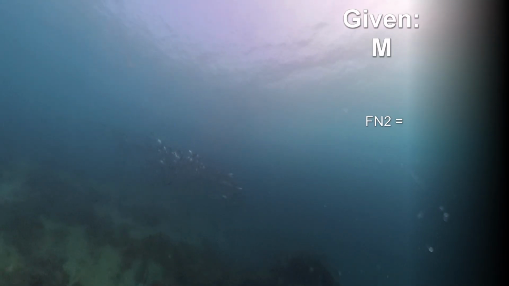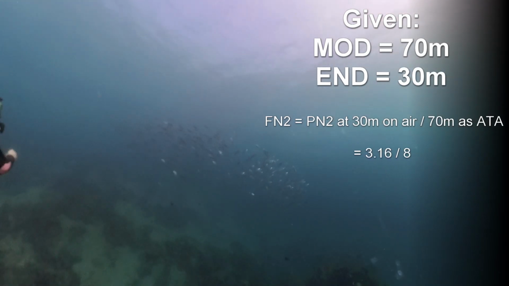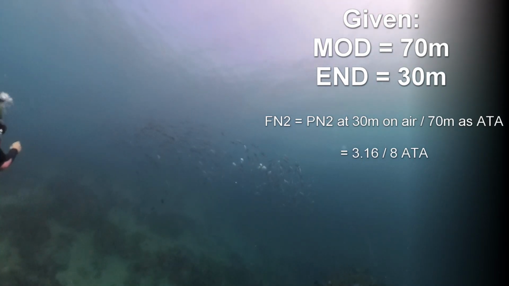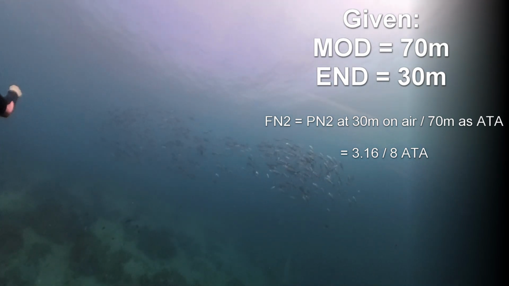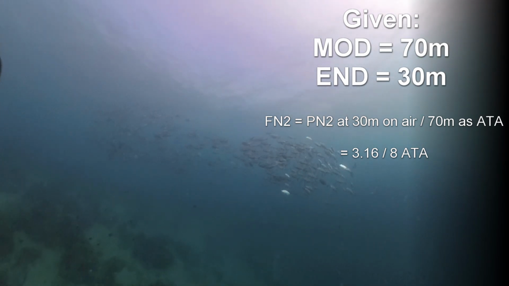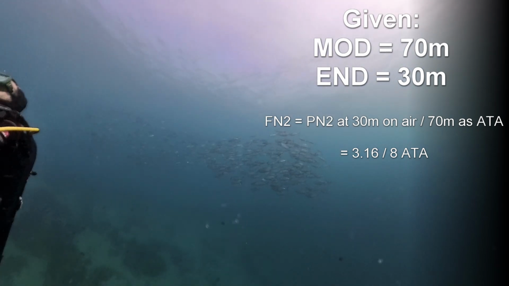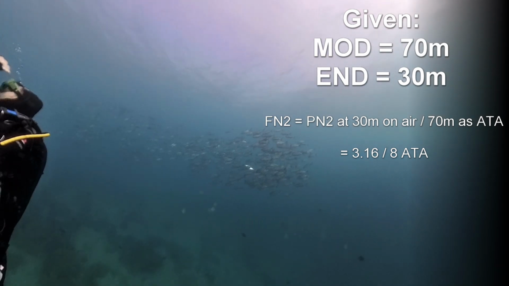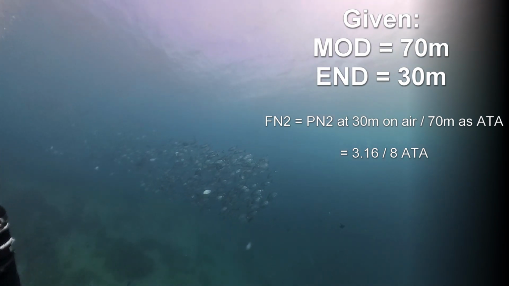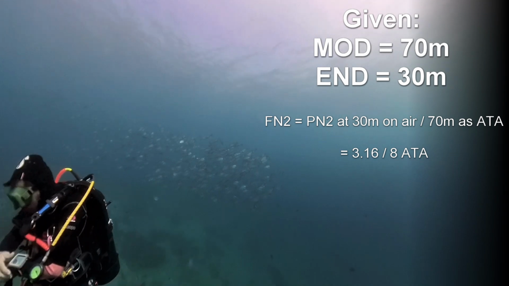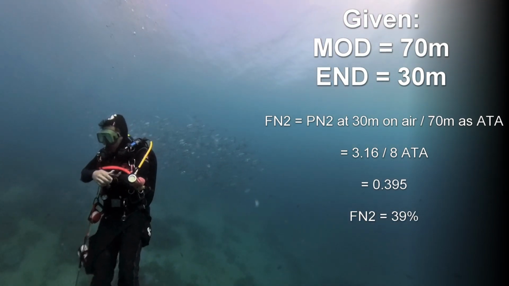Solving for the required fraction of nitrogen involves dividing our desired partial pressure of nitrogen, determined by our tolerable END of 30 meters, which is 3.16, by our planned depth of 70 meters, expressed as 8 ATA. And we get 0.395.